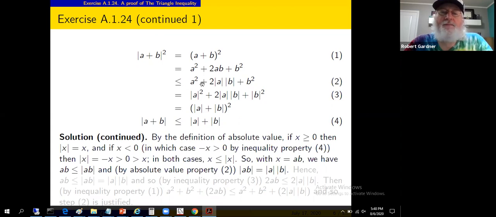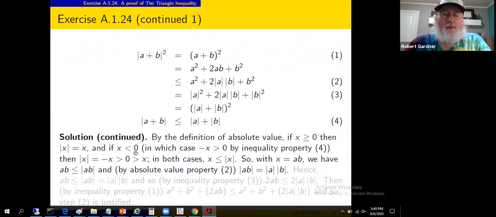How'd they do that? You should probably suspect and even believe that a is less than or equal to the absolute value of a. But why is that? Well, let's go through and establish it. By the definition of absolute value, if x is greater than or equal to 0, then the absolute value of x equals x itself. The absolute value doesn't do anything when you put non-negative things in.